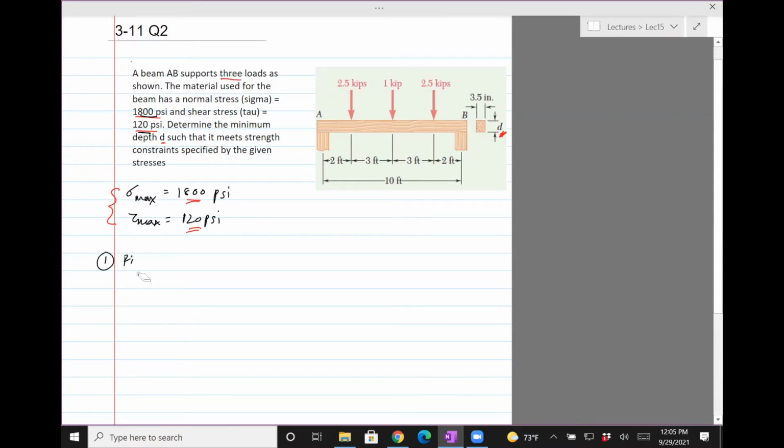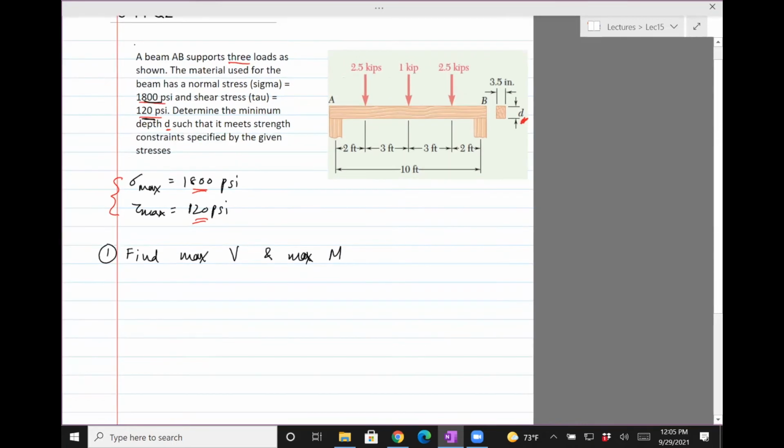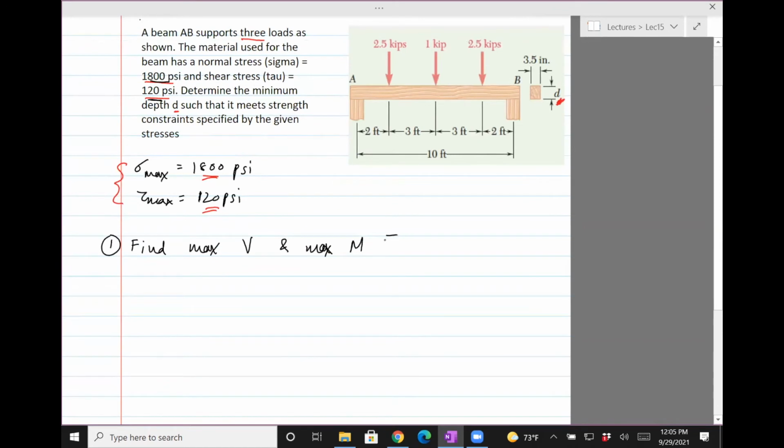Find max V and max M, which means that we need to probably do the shear force and bending moment diagram, because that will tell us precisely which point will have the maximum V and M.